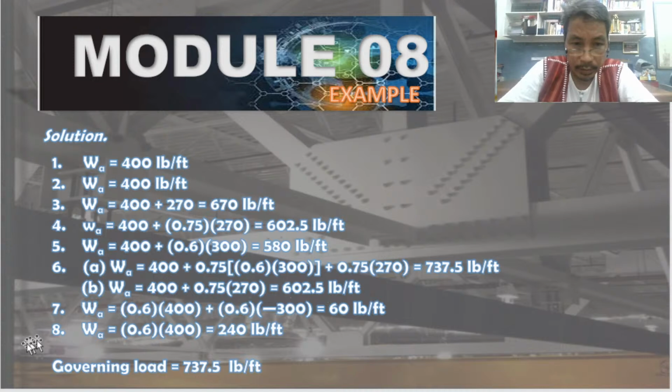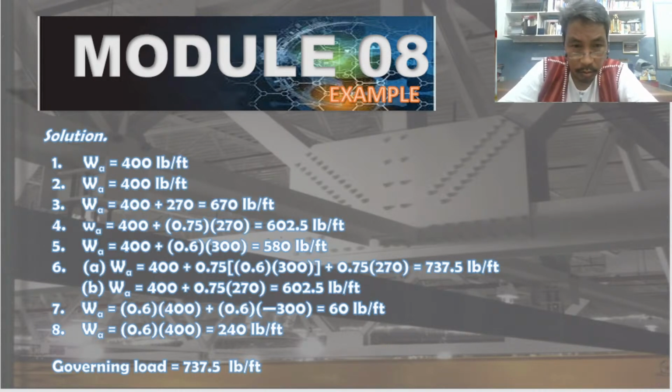Okay. And then equation number 7 is 0.6 times dead load plus 0.6 times wind load.